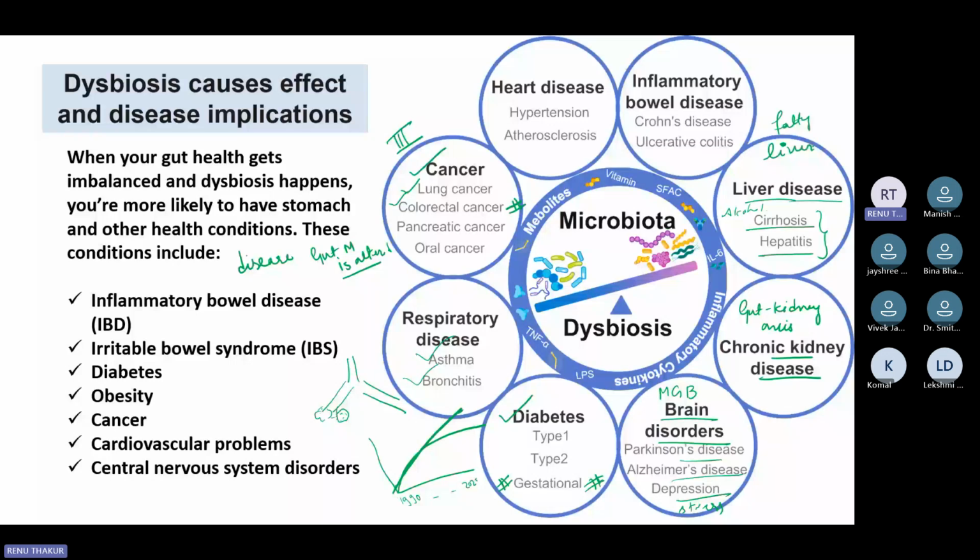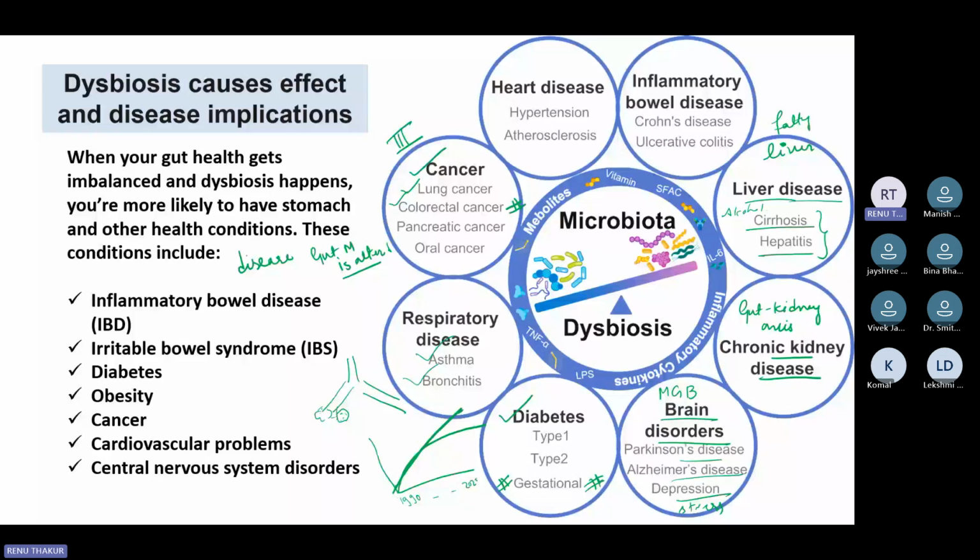So the liver is a very important organ. If your liver is not good, the detoxification phenomenon will not take place properly. It will be affected. So if your liver is showing inflammation, then the overall digestive system will be influenced.